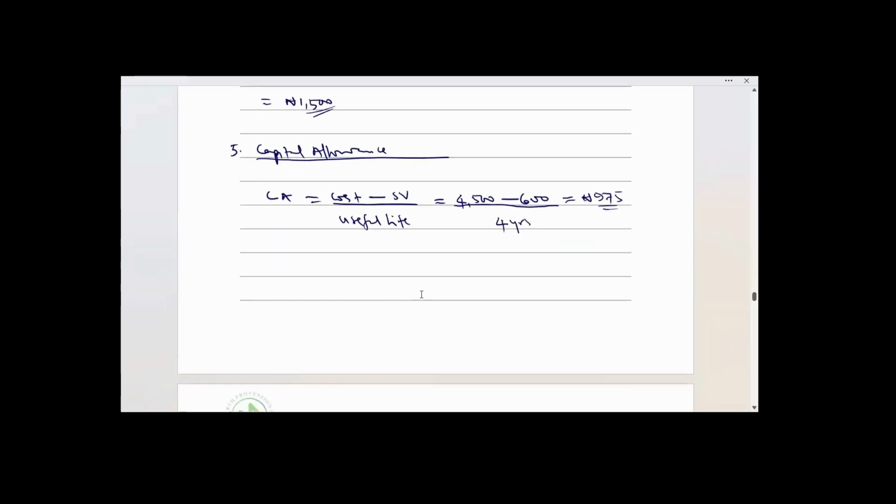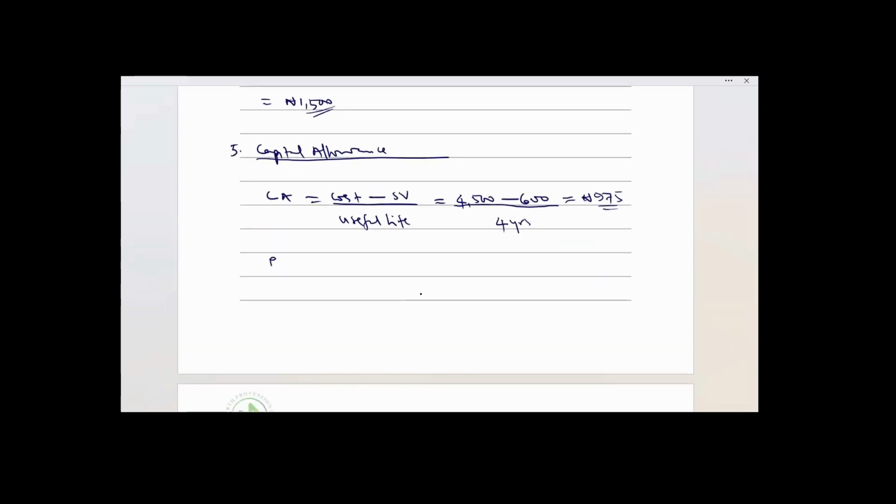So since I'm calculating capital allowance on the plant and machinery alone, I will pick the cost, which is 4,500 minus the disposal value of 600, then divide it by the useful life of 4 years. So what do you have as your annual capital allowance? 3,900 divided by 4. What do you get? 975,000 naira. So 975 is my capital allowance.